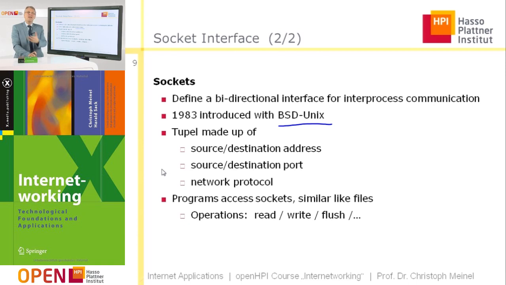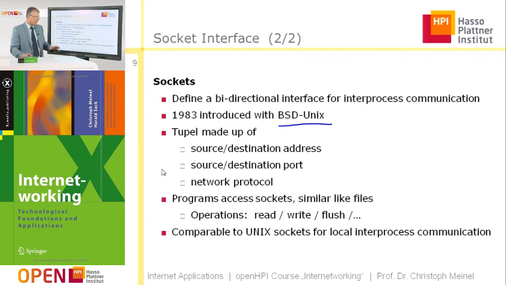And vice versa, if data transported over the internet is located in the input buffer, by means of the read operation this information can be taken out from the input buffer and handed over to the operating system. In this way, this socket mechanism in the internet is comparable with the Unix sockets for local interprocess communication.